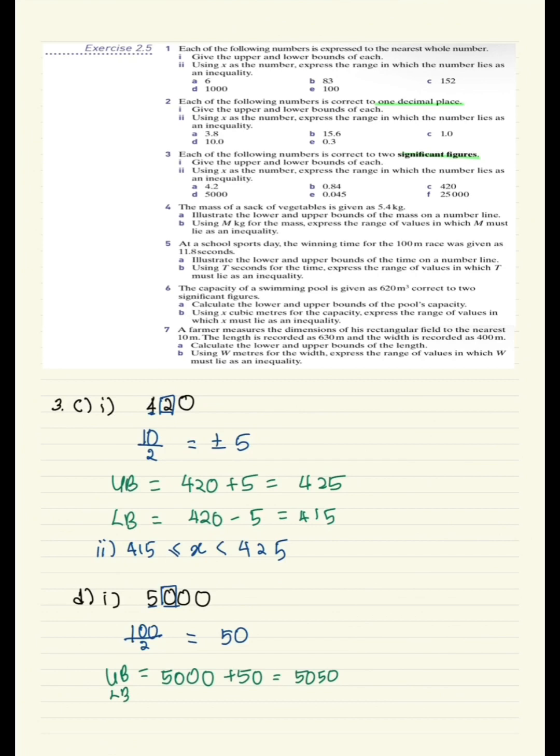And to find the lower bound, I'm going to take 5,000 minus 50, which would give me 4,950. Now to express the range in which the number lies, x would be more than or equivalent to 4,950 and less than 5,050.